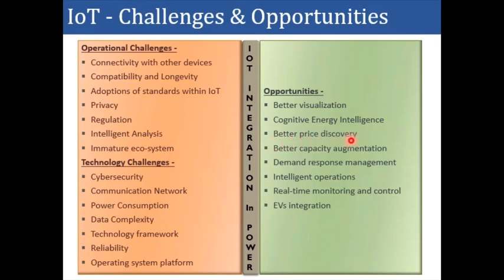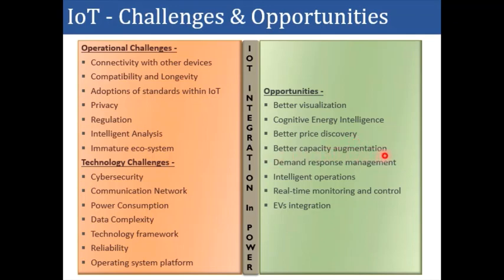Better price discovery: since the data is acquired from the field in real time, we can check the possible congestion of the networks, and accordingly we can take action for better locational marginal prices of electricity at various nodes.